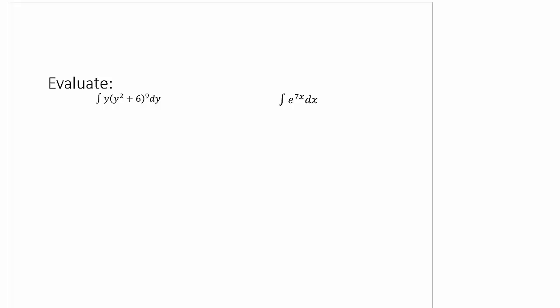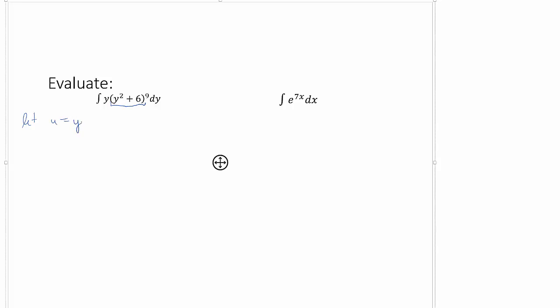But instead, let's make a substitution. What I see here is I have this expression raised to the 9th power. So my first idea, if I'm going to try substitution, is to let my substitution be the inside function.